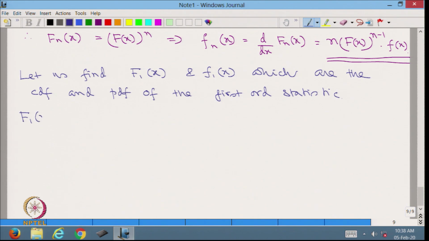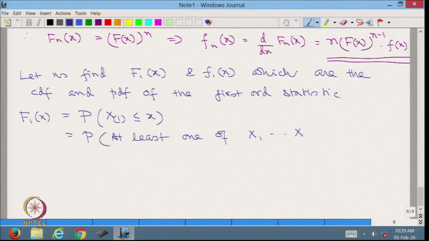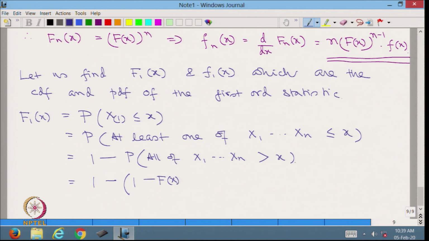So, F1(x) is equal to probability X(1) less than or equal to x, is equal to probability at least one of X1, X2, ..., Xn is less than or equal to x, is equal to 1 minus probability all of X1, X2, ..., Xn are greater than x, is equal to 1 minus (1 minus F(x)) to the power n.